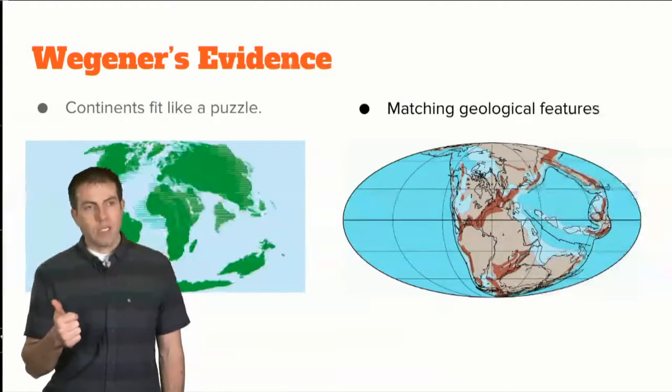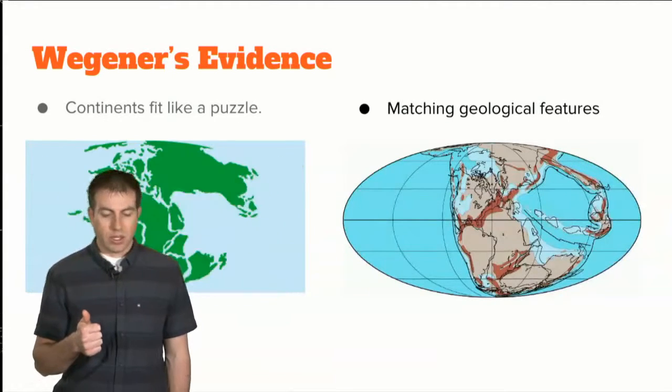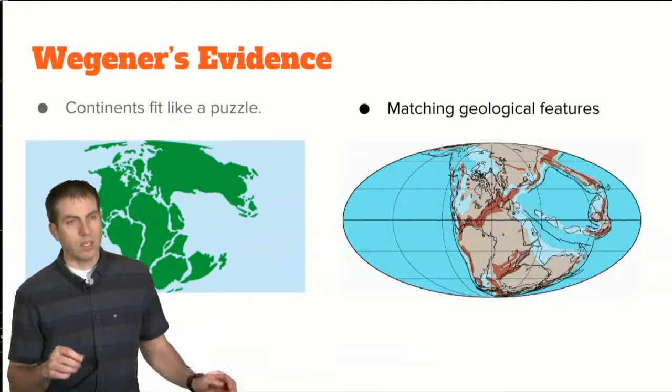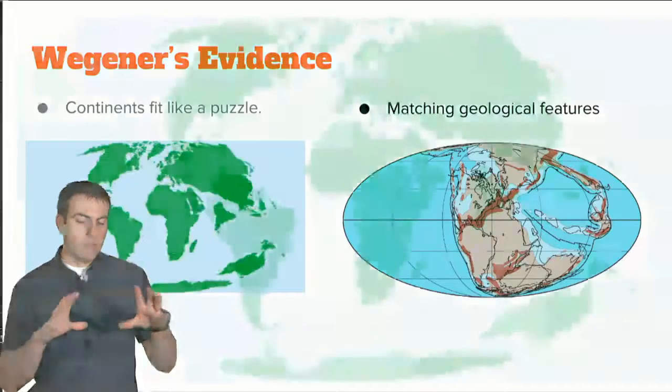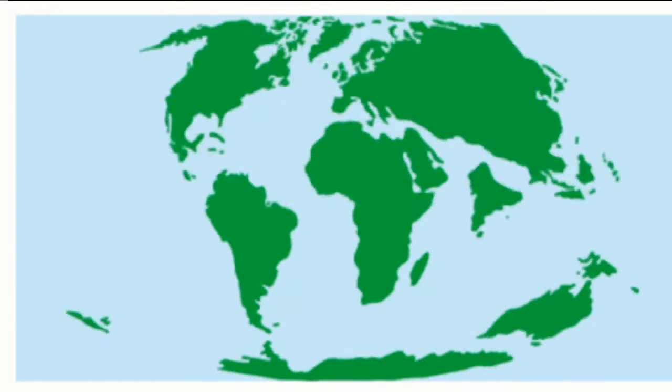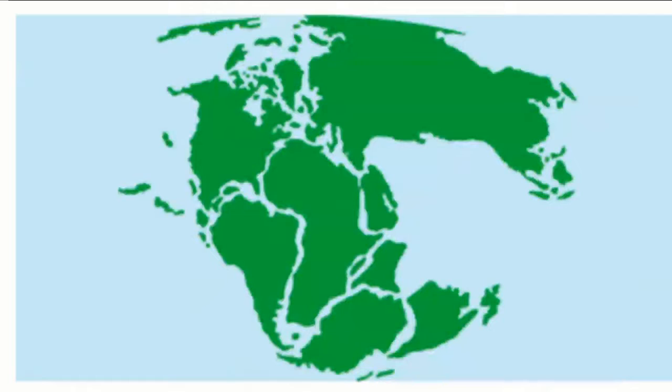So the first idea that Wegener came up with was that the continents fit together like a puzzle. You can see in the little picture beside me that all of these continents were once really jammed in together, kind of like that, and then they slowly moved apart. This was his idea.